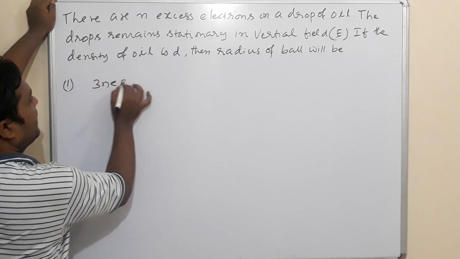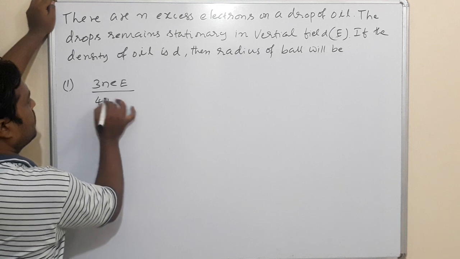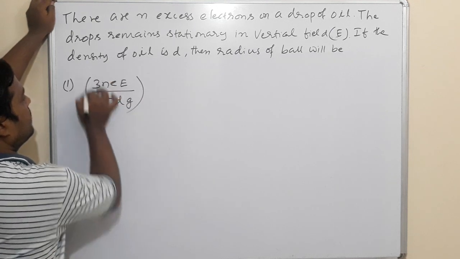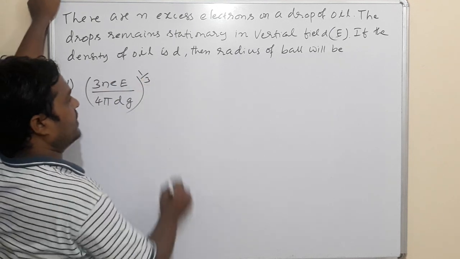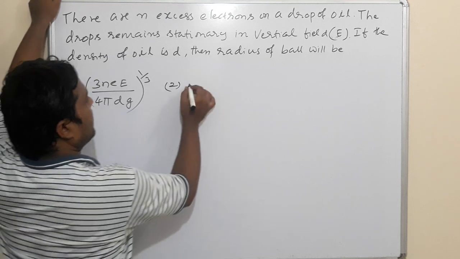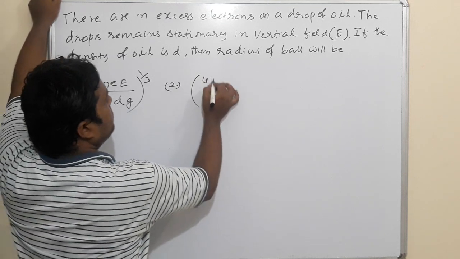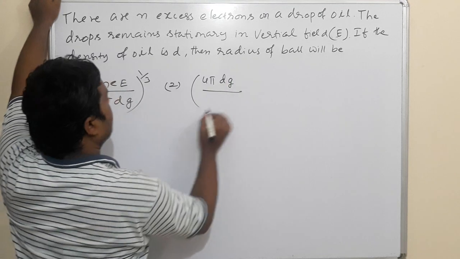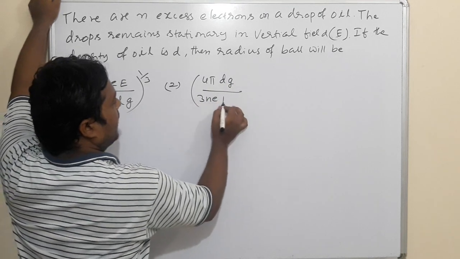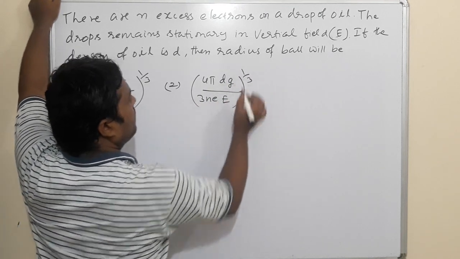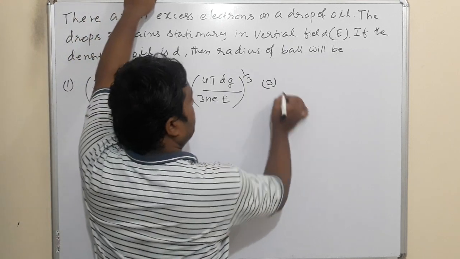The first option is 3nne over 4 pi dg raised to 1 by 3. The second option is 4 pi dg over 3ne into e raised to 1 by 3.